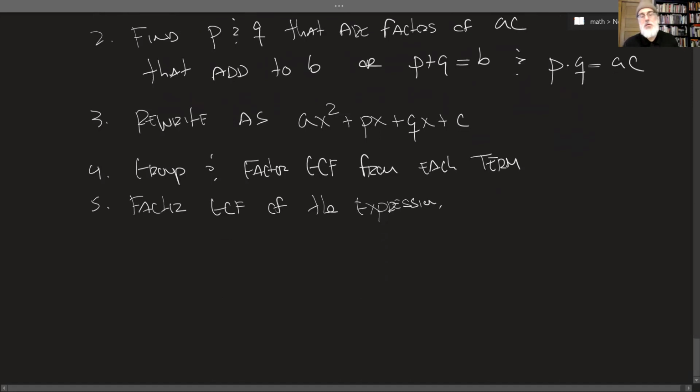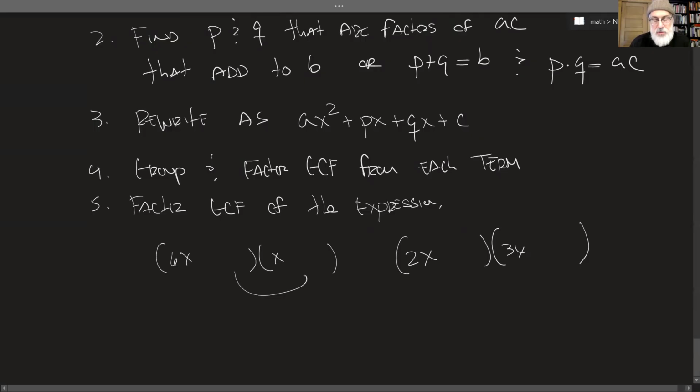Another method, when I learned this years ago, was what's called trial and error, which is essentially doing the same thing. In the case where we had 6, I learned to write all possible combinations of this. And you can see how this gets kind of unruly, and then just do a sort of guess of factors of the last term.